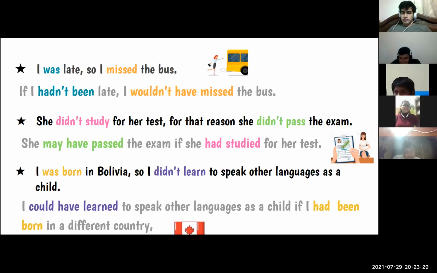Okay. If I hadn't bought my cell phone in downtown, I would have saved my money. Very good. Remember, if I hadn't bought my cell phone downtown, we don't need any prepositions for downtown. Okay, very good. Thank you, guys.